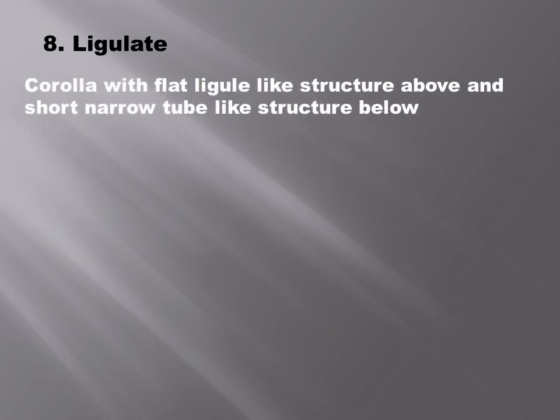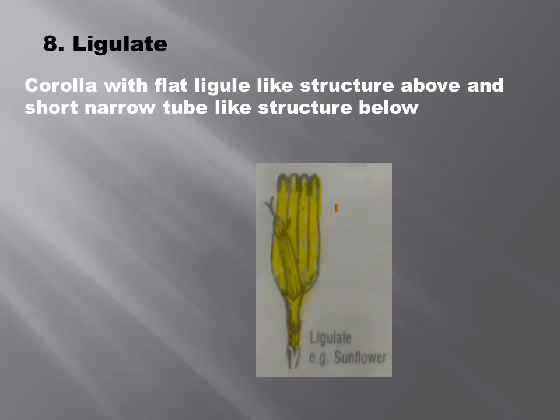The next type is ligulate. Ligulate corollas have a flat ligule-like structure above and a short, narrow tube-like structure below. It means it has a ligule-like structure on the upper surface and a short narrow tube-like structure on the lower surface.